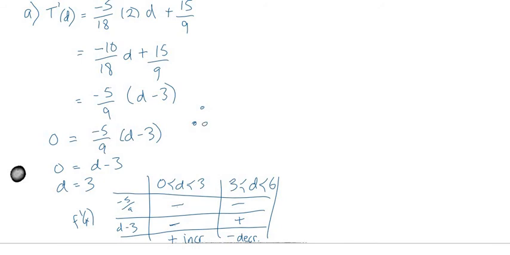It's asking when it's increasing. So therefore, the person's temperature increases between 0 to 3 days.